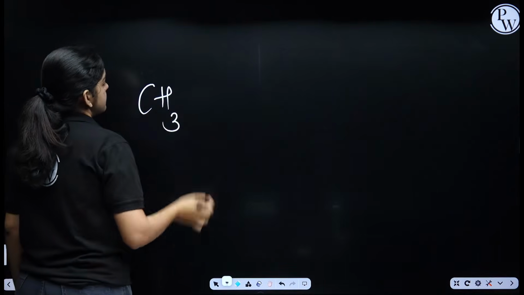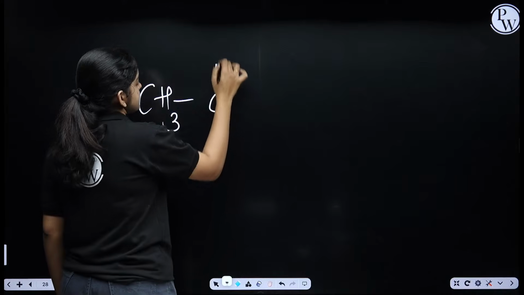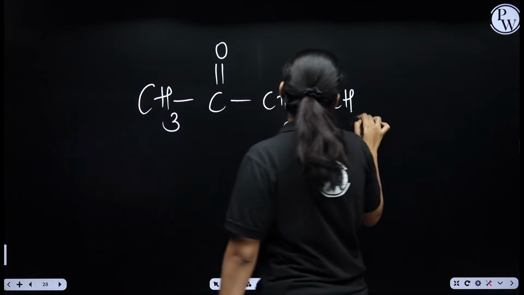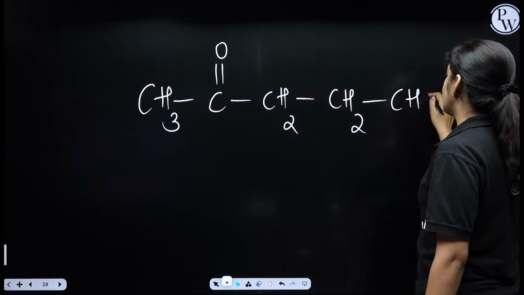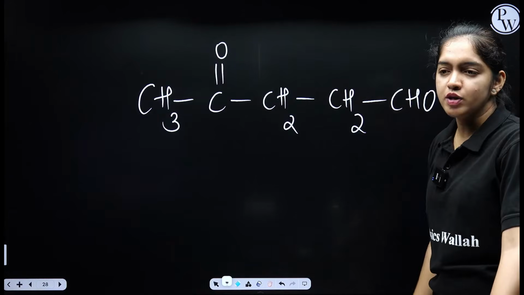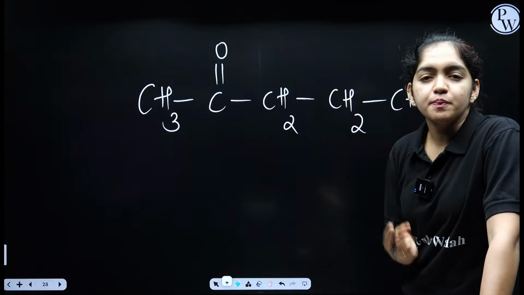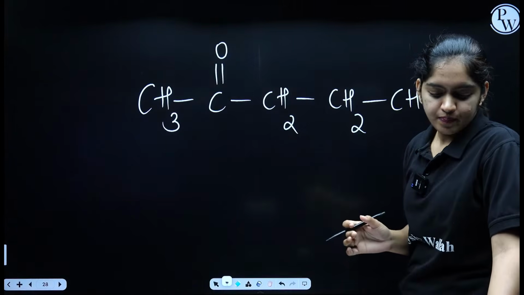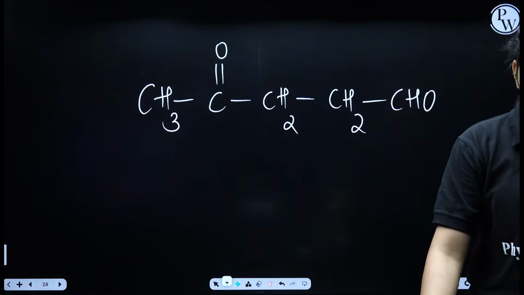Next one. CH3, C double bond O, CH2, CH2, CHO. This is somewhat a confusing question because 2 functional groups are present on the same compound. So what will you do here?